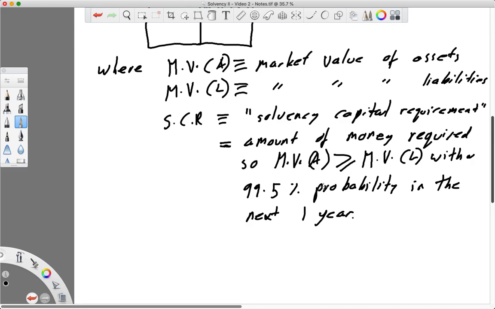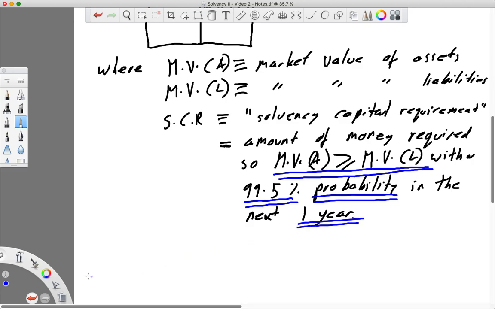You're holding an amount of money that prevents the company from being ruined, or becoming insolvent, over the next 1 year, and the amount of money is big enough so we are 99.5% sure that that's going to be true. So key things are market value of assets greater than or equal to market value of liabilities, 99.5% probability in the next 1 year.